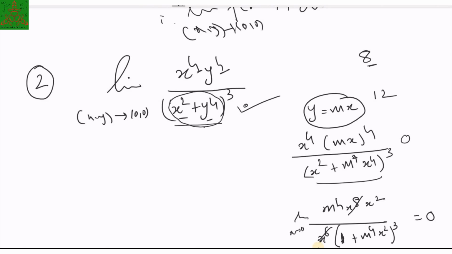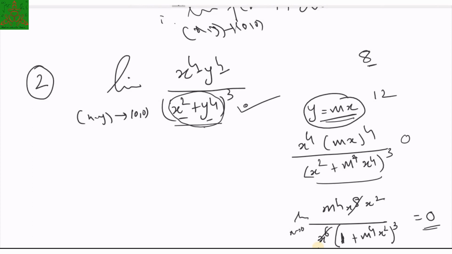So that means this path will not work, because at each and every path like this we will have the same answer. So we cannot apply y equal to mx here in the same manner. You have to take some other path, so that the quantity will depend on m. If it depends on m, we can say that the limit is path dependent, so that's why it does not exist.